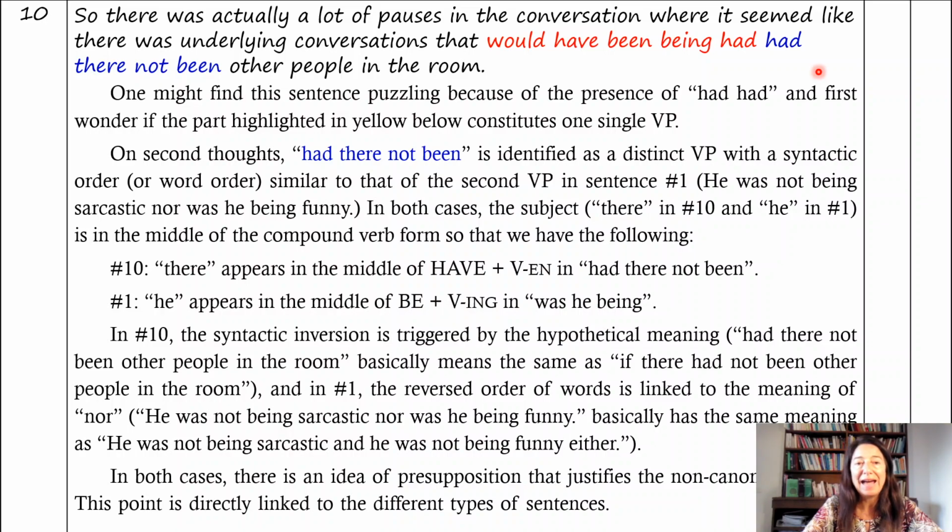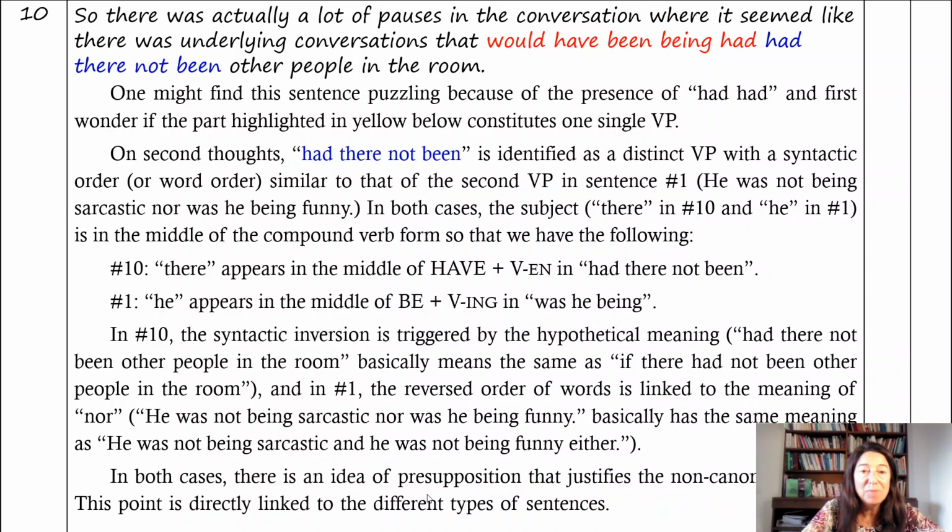So when you say had there not been other people in the room, you express the same kind of meaning as when you say if there had not been other people in the room. And if is not mentioned, and instead the order of words is reversed. So in both cases there is an idea of presupposition that explains why the word order is not the usual one.